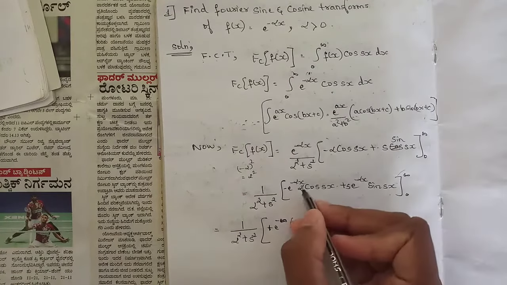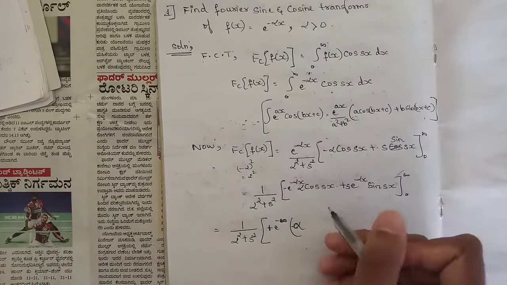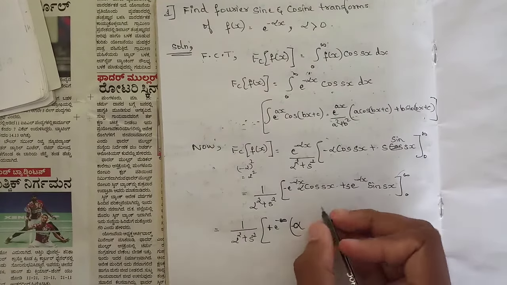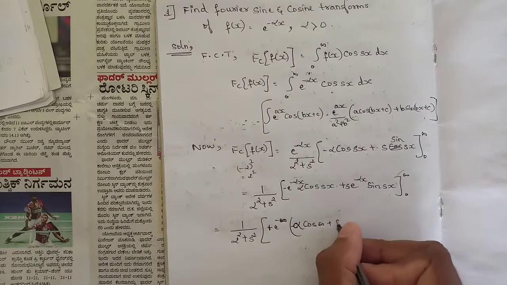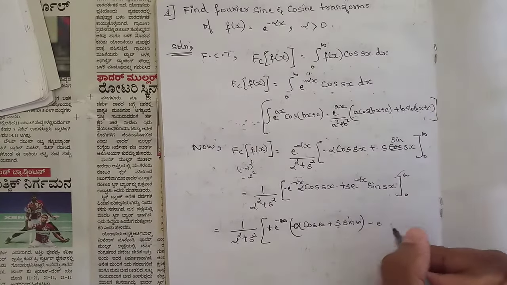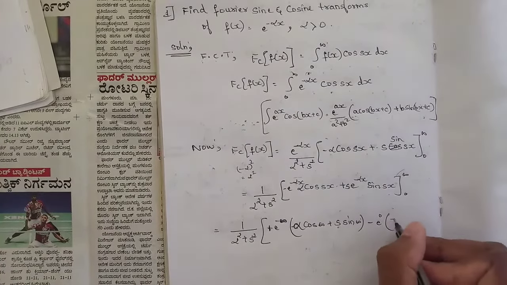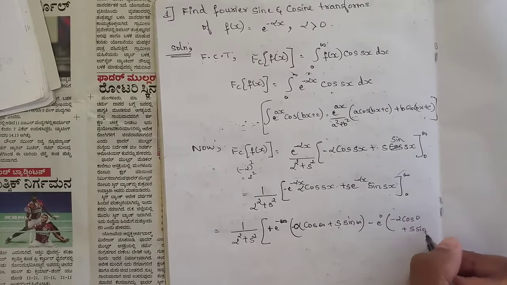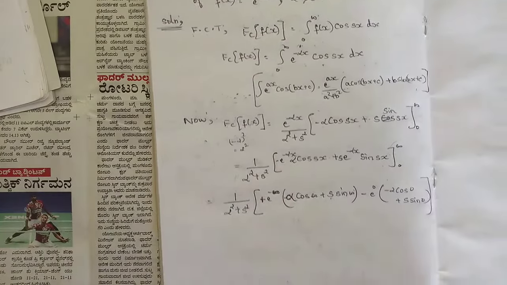I just made the change: this e to the power minus alpha x is common in these two terms, so that we can split the limits for these two functions. Minus alpha cos of infinity plus s sine of infinity, minus e to the power minus alpha x, where in place of x the lower limit is 0: minus alpha cos 0 plus s sine 0. We know that e to the power minus infinity is equal to 0.